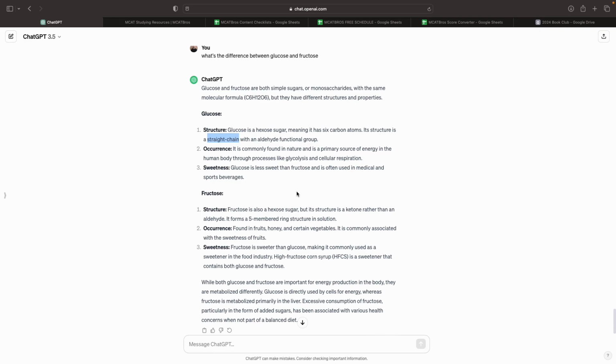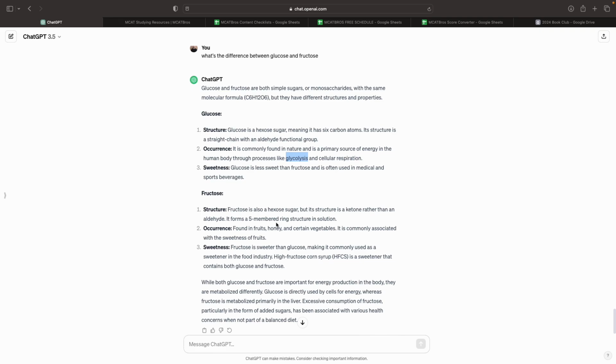Fructose is sweeter, while glucose is the primary source of energy in the human body, processed under glycolysis or cellular respiration. It's less sweet than fructose, and it's used in medical and sports beverages. That's where you have glucose, sugar, right?